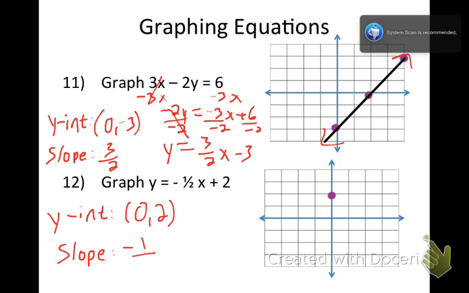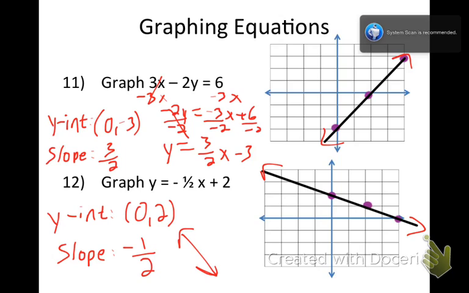Yep, my slope is negative 1/2, or negative 1 over 2. Which way is a negative slope going to go? It's going to go down. Again, I see negative slope, I'm saying it's going down. So from my coordinate, I'm going to go down 1 over 2, down 1 over 2. Something like that. Connect my dots, and there's the equation of my line.